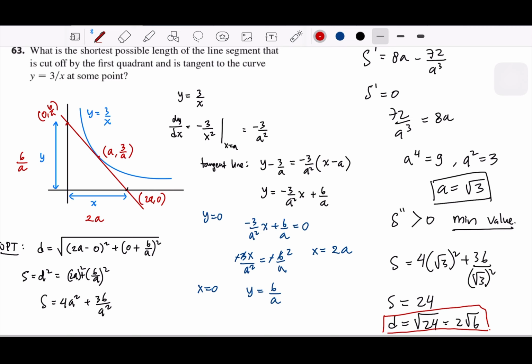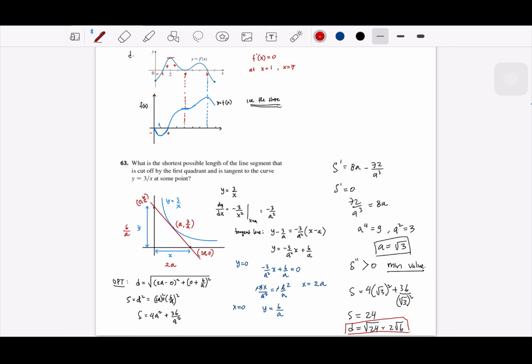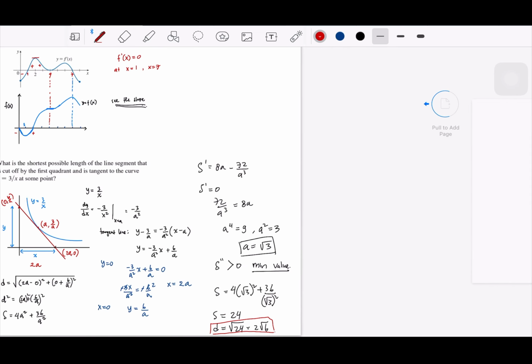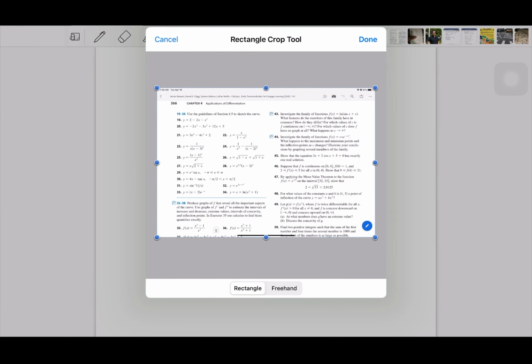And since it will be positive, we can make some simplifications and make our own model to simplify the calculations so that we can easily calculate. Okay, I think that will be the last question.